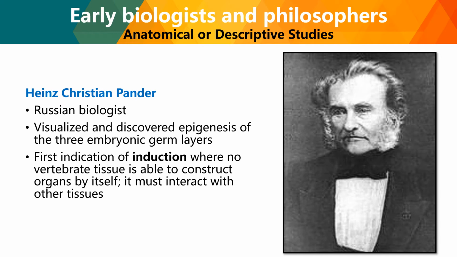And he was also the first one to introduce the first indication of induction, where no vertebrate tissue is able to construct organs by itself, and it must interact with other tissues. So again, with the development of tissues in the body, he is saying that kailangan nakikipag-cooperate yung mga cells or tissues na yun with other cells found in the body to be able to produce another tissue.